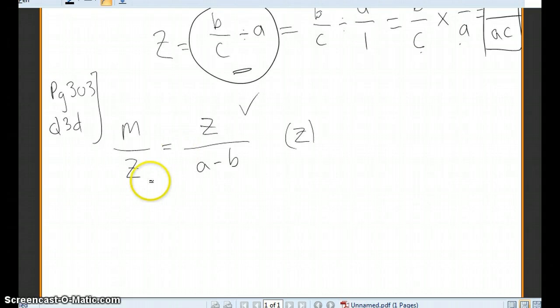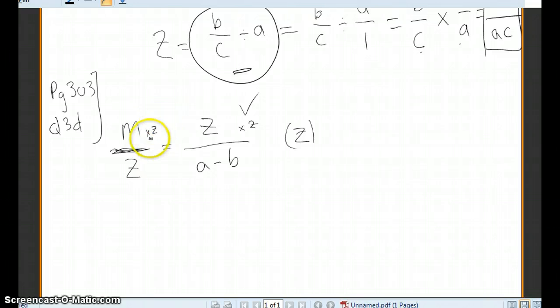So I'm going to try and collect z's on my right hand side of the equation. To undo this division by z, I'm going to multiply both sides by z. If I do the same thing to both sides, we're still in equilibrium, a balanced seesaw.